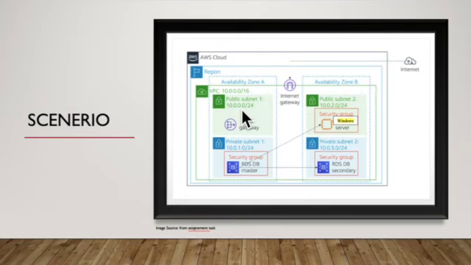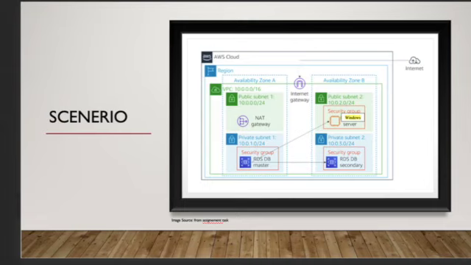The public 1 subnet can directly communicate with the internet, because the subnet's route table points to the VPC router, which in turn directs the network traffic to the internet gateway. But private subnets are not routable to the internet, so instances in the private network cannot directly communicate with the internet.